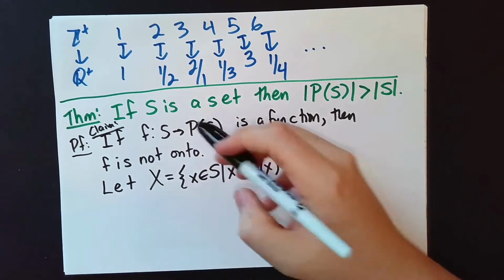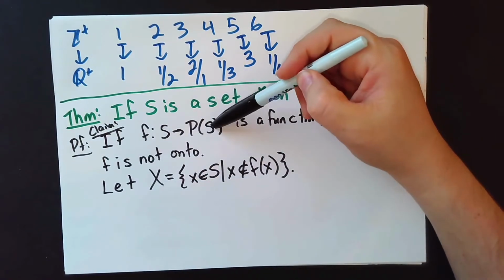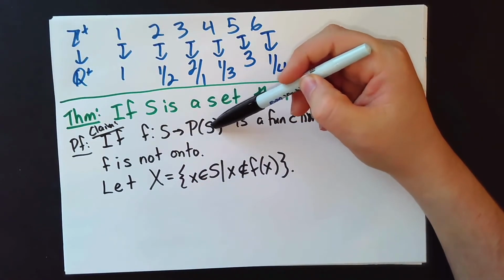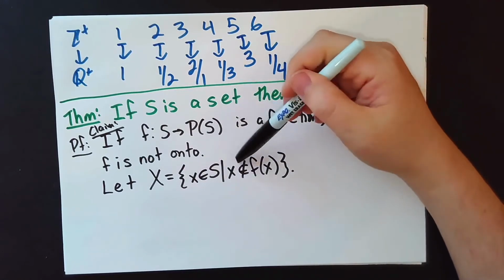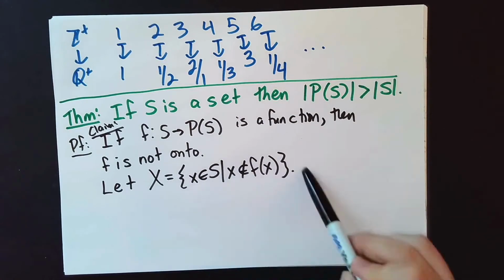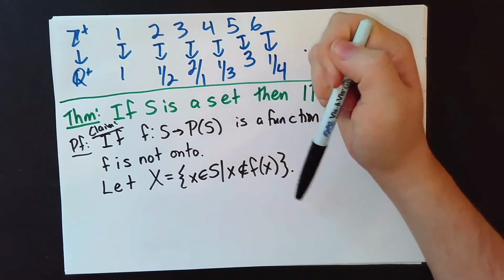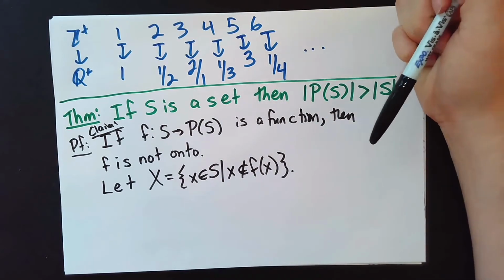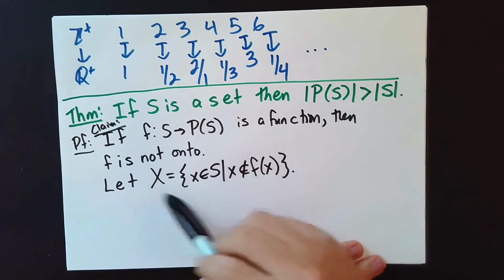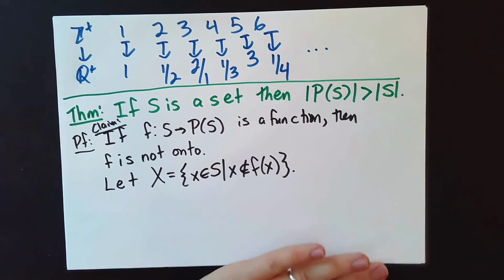Now, remember, each x in S is getting mapped to a subset of S, and so that subset of S either contains x or doesn't contain x, so it makes sense to collect together all of those elements of S that map to something under this particular function that does not contain x.